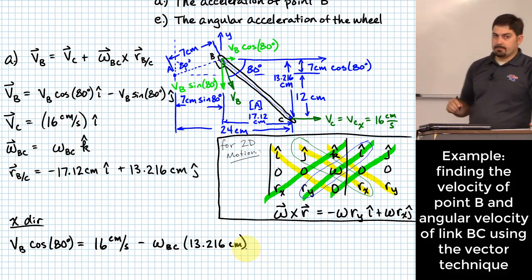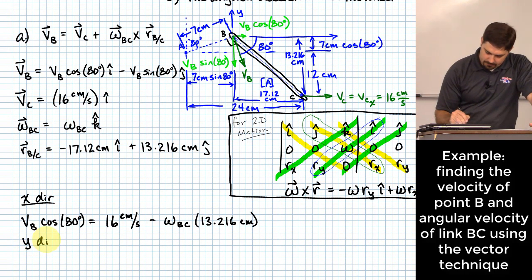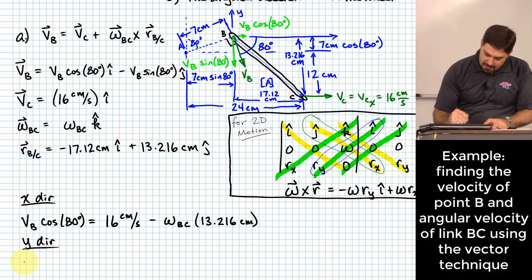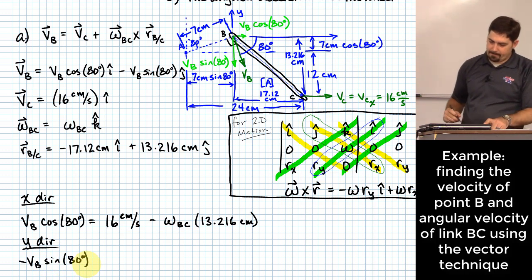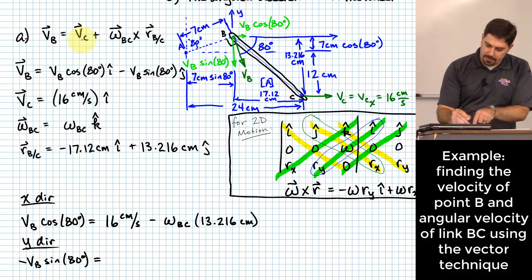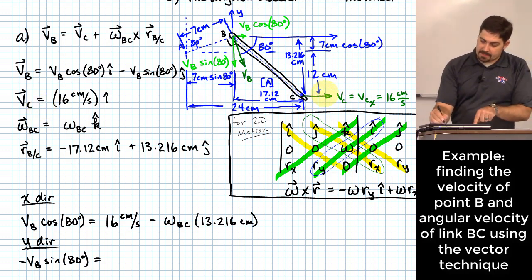What about the y direction? In the y direction, I have a negative VB times the sine of 80 degrees, okay, is equal to, all right, my next term is VC. I want just the y component of VC. Do I have a y component of VC? I don't, right? Because VC, the velocity of C, is entirely in the x.